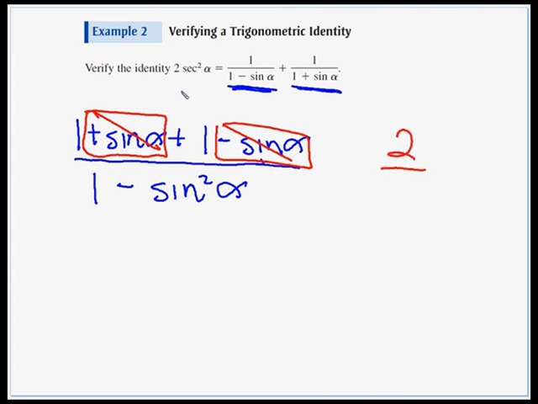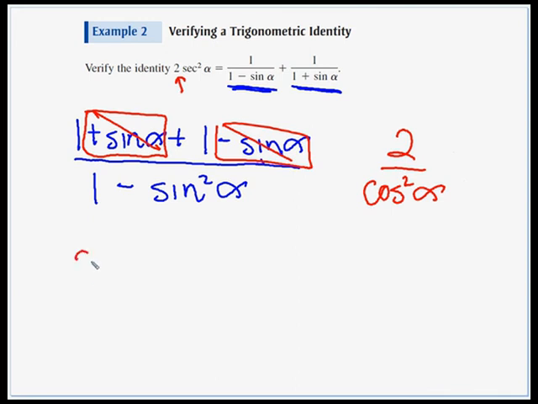That looks a lot like the 2 we're going to need here. But how can we turn this denominator into secant squared? Again, I see a squared, so I think Pythagorean identities. 1 minus sine squared I can replace with cosine squared by the Pythagorean identity. And then, if I want to think about it this way, break that apart.